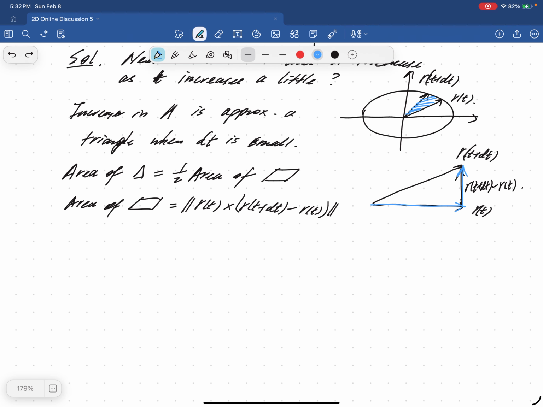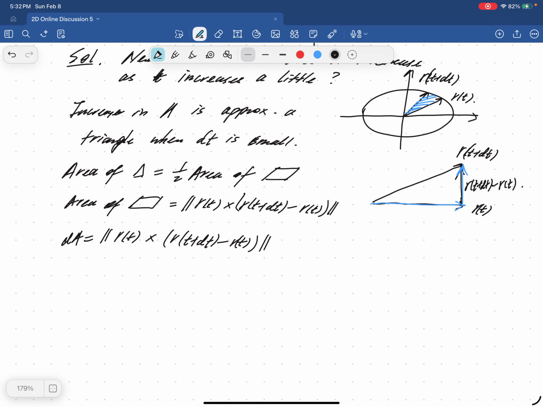Great. So my increase in area, dA, is equal to the size of r(t) cross r(t + dt) minus r(t).